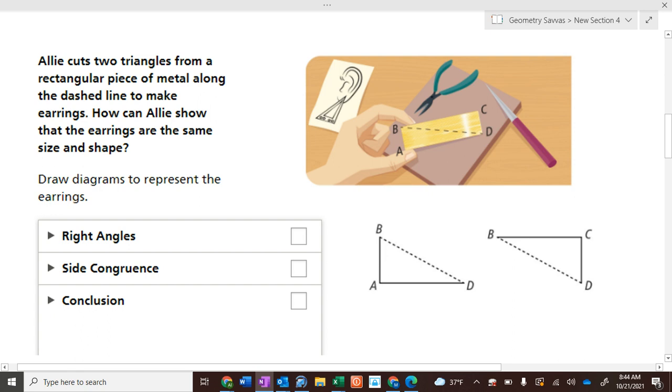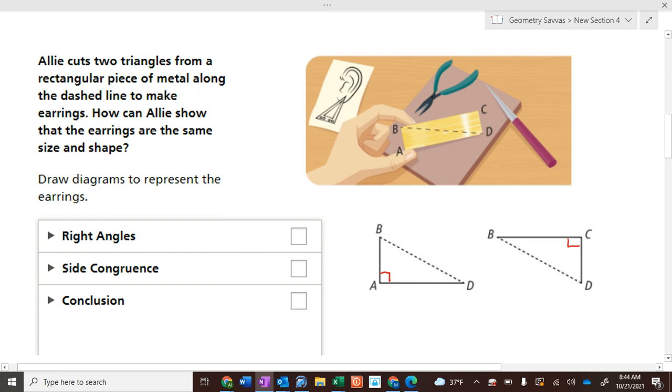All four angles are what? Besides the same, what type of the same are they? They're all right angles. So you know angle A and angle C are congruent because they're right angles. They're the same.